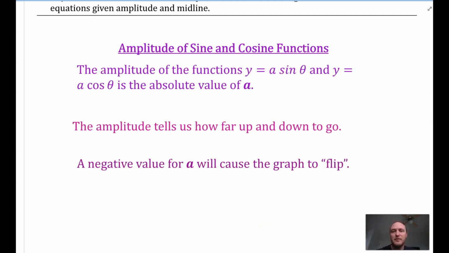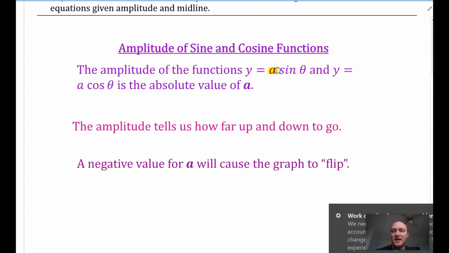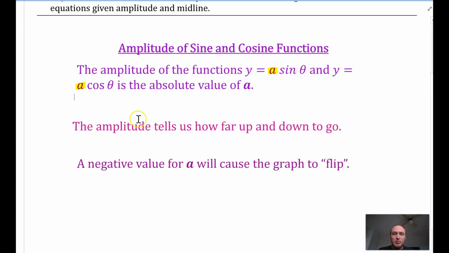So here I have a couple of functions, y equals a sine of theta, as well as y equals a cosine of theta, and the amplitude is just the absolute value of that number. Okay, and this just tells us how far up am I going to go, how far down am I going to go. Likewise, similarly with the a value, a multiplier out front, if it's negative, it's always going to cause our graph to have a vertical reflection or an x-axis reflection.